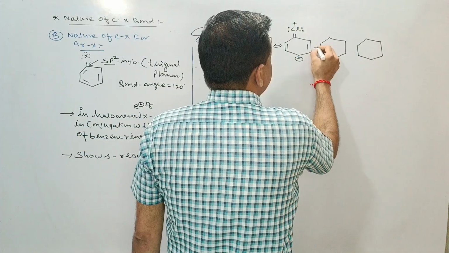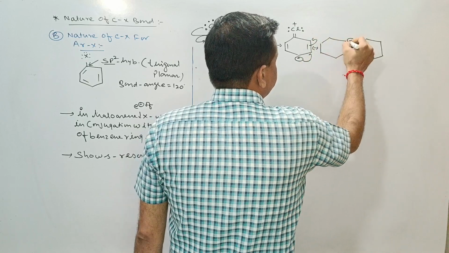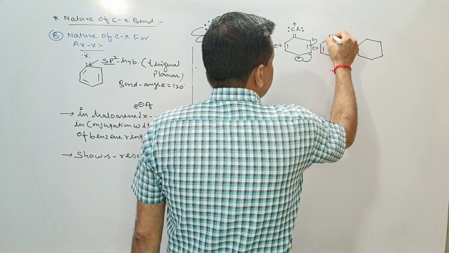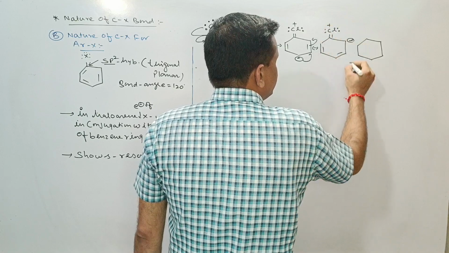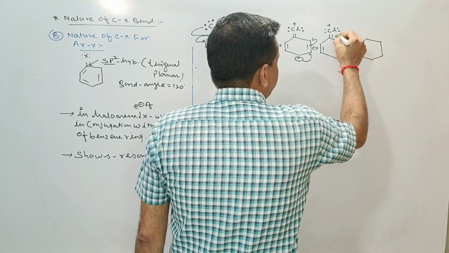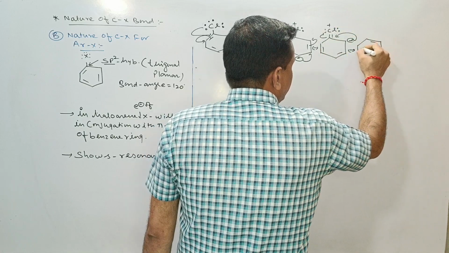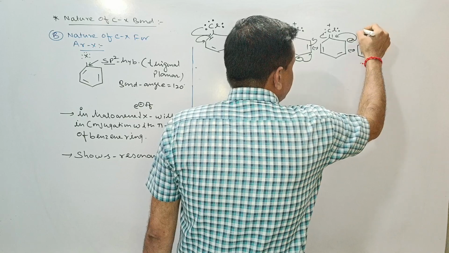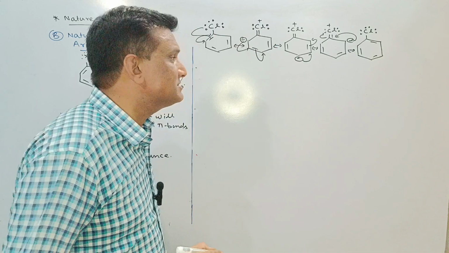In the next condition it shifts over here, so this will be the next structure, Cl with a positive charge. In the next step it will be as follows, similar to the first structure, not exact but similar. So these are the five canonical structures.